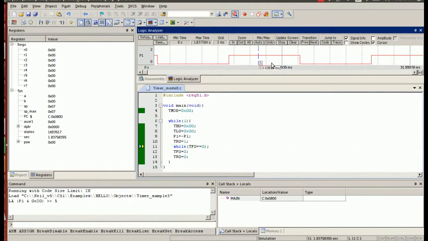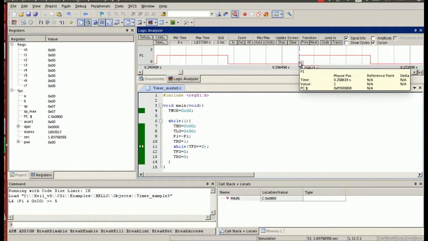Let me take some value. I'll take a different baseline now. I'll take a reference where bit 5 of port 1 transitions from low to high, that is 0.258619 second. Let me write it down.